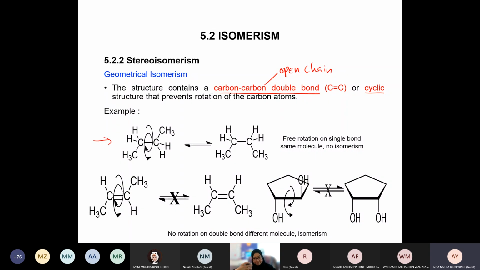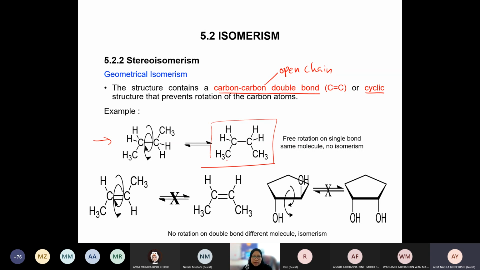Don't think they stay still; they rotate, vibrate and bounce. If it is a single bond, when it rotates, it will produce the same molecule.